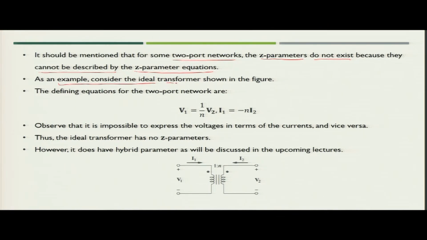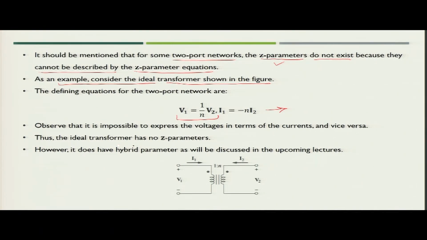If you consider an ideal transformer, as in the figure below, having turns ratio 1:n, you can write V1 is nothing but 1 by n of V2 and I1 is minus n of I2. If you see these two equations, you cannot represent them in the form of Z parameter equations.